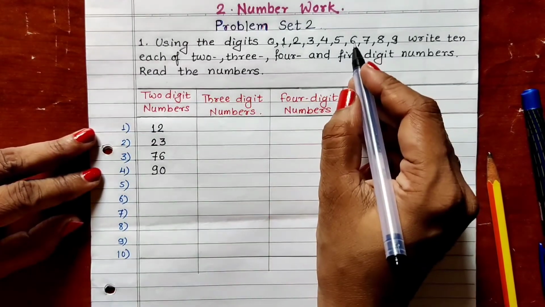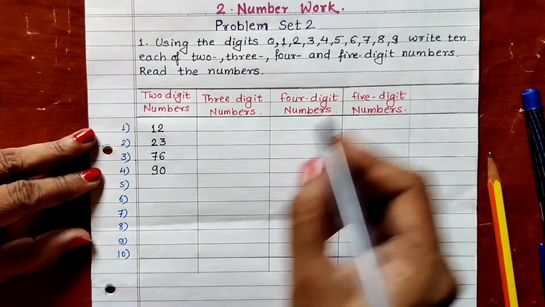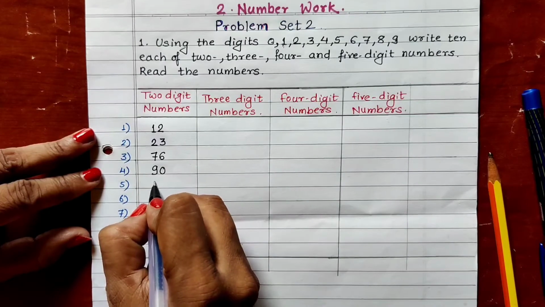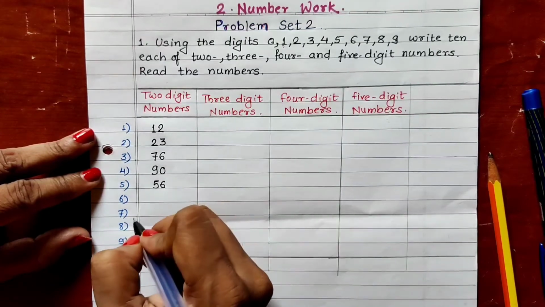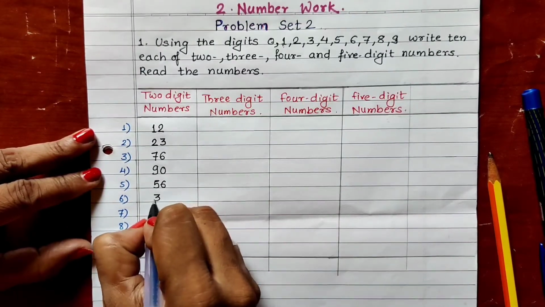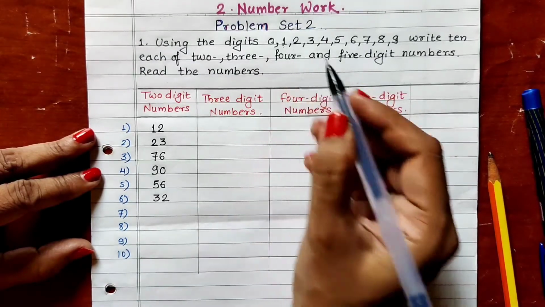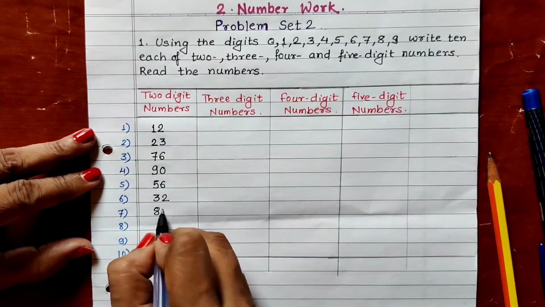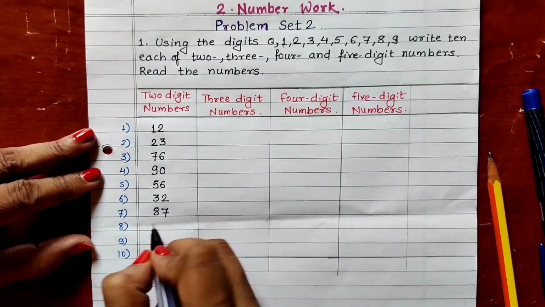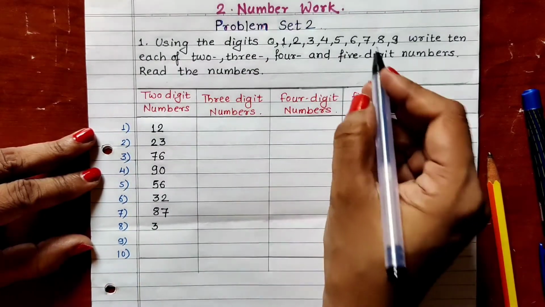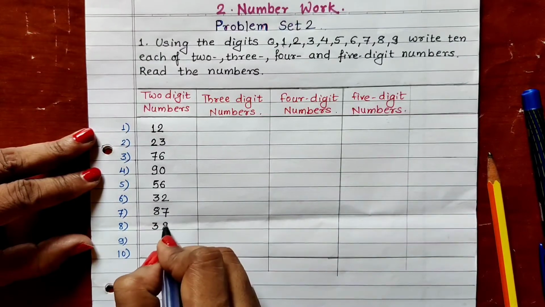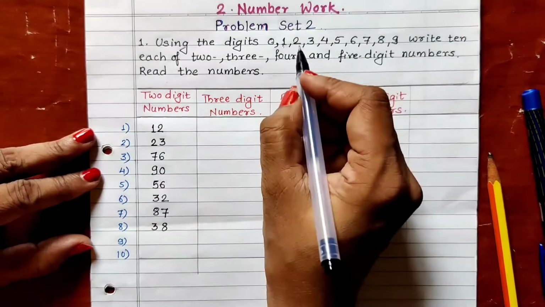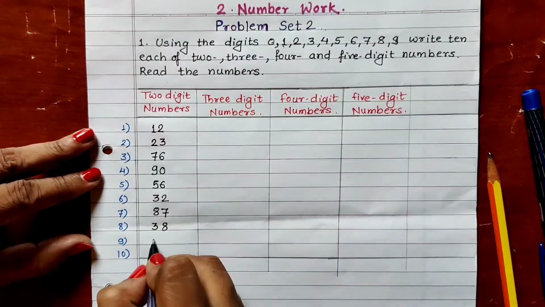Now we can have 65 or 56. Anything you can write. 56 I can write here. I can write 32 also, 3 and 2, 32. I can write 87. I can write 38. I can write 29.